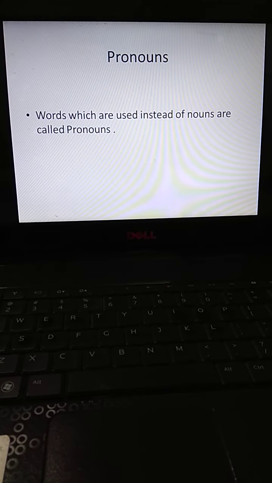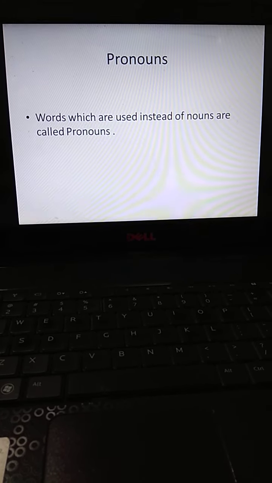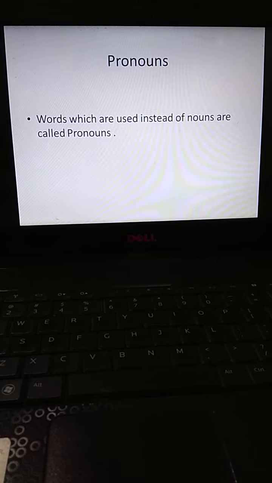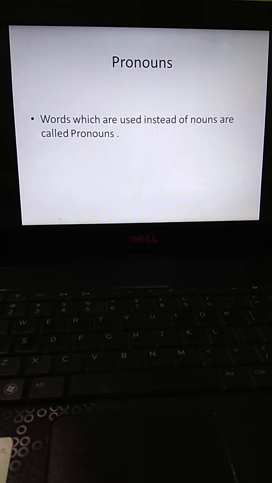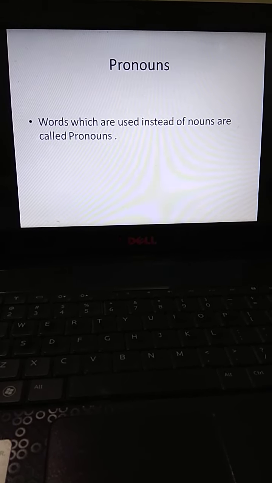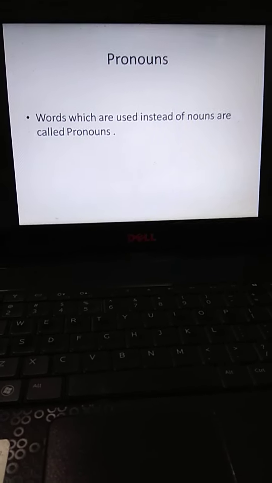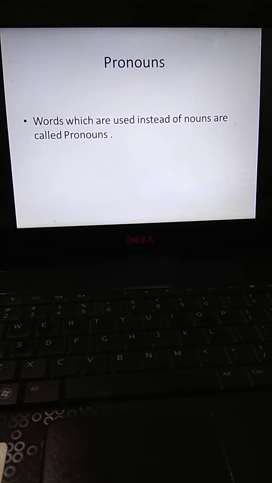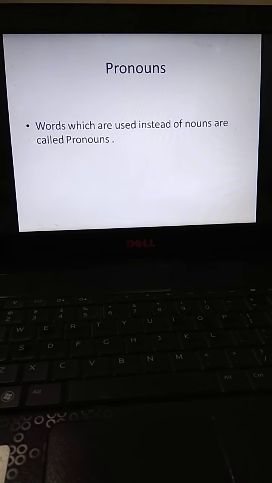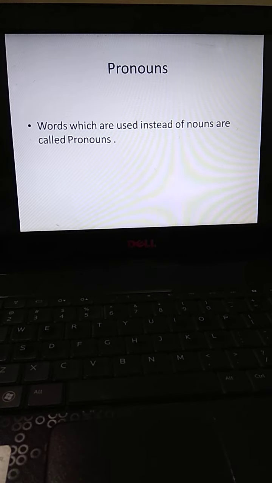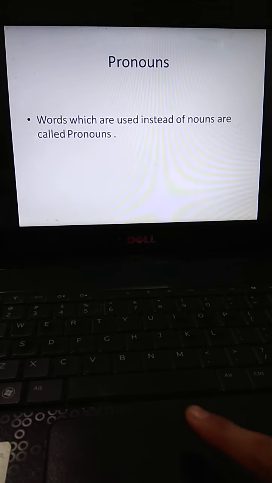Instead, we use substitute words for them. Or we can say, in place of a noun, we use words which we call pronouns. So, words which are used instead of nouns are called pronouns. And nouns are naming words.